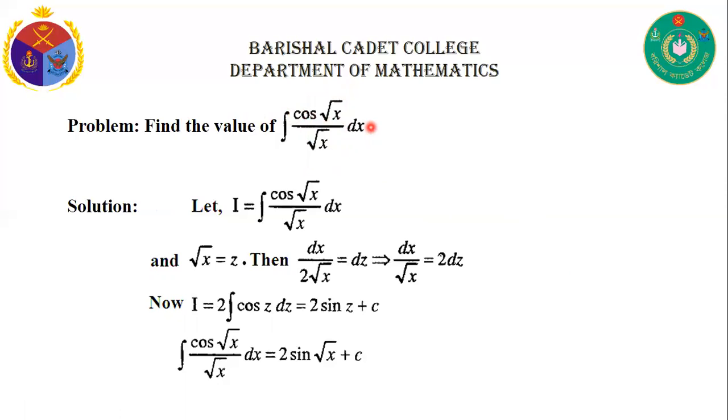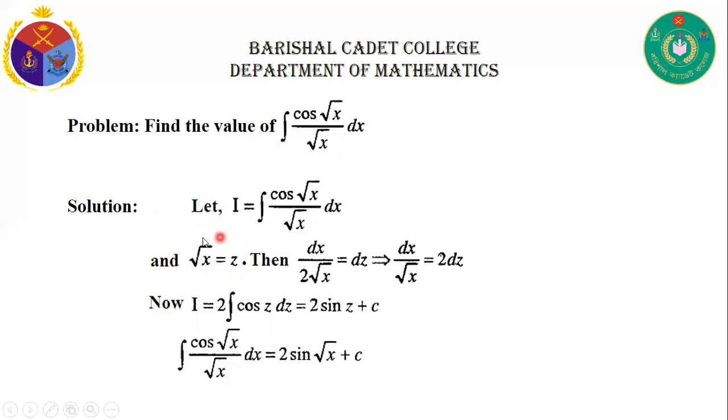The secret is we have to choose a variable for something. Here we can choose the part for which we cannot integrate, square root x. So we should let z equal to square root x. Then the integration will come in the formula type. Okay, then you integrate. So now we take square root of x equal to z.